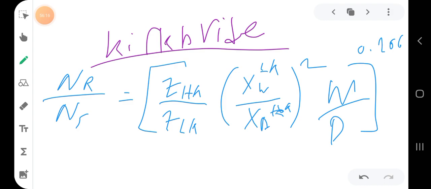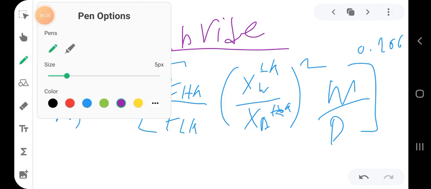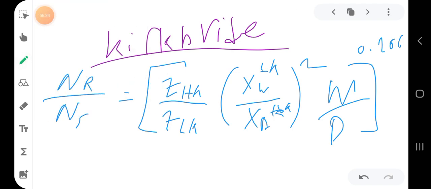So you get this W over D. This equation tells you that if you know W and D from the material balance, you know xW of your light key, or you can get it somehow, you know xD of the heavy key, and you know the feed compositions of the light key and heavy key, you can get this ratio NR over NS.